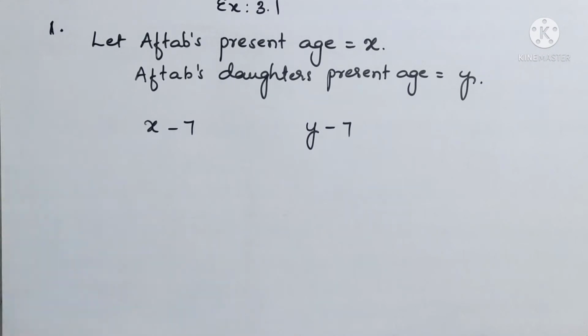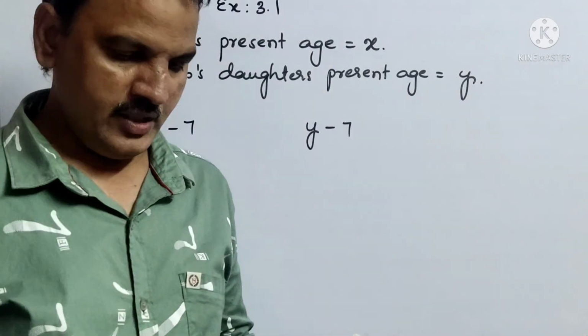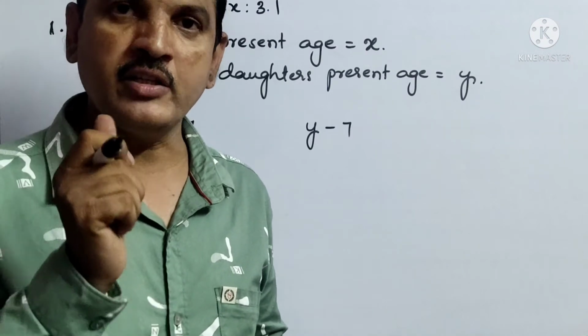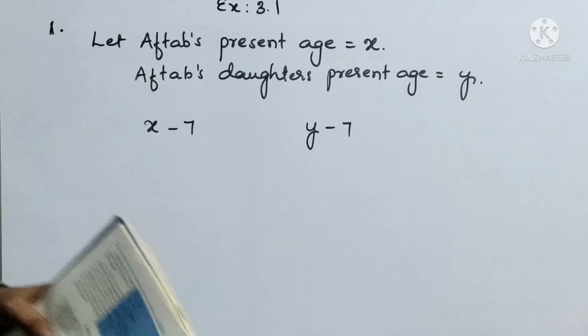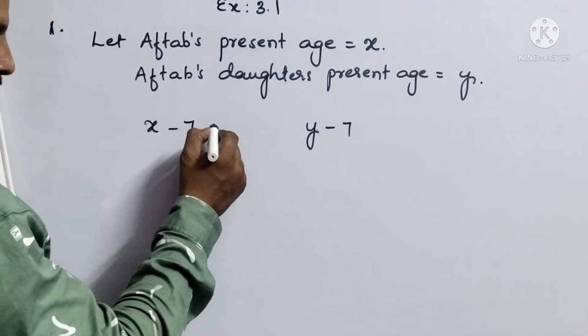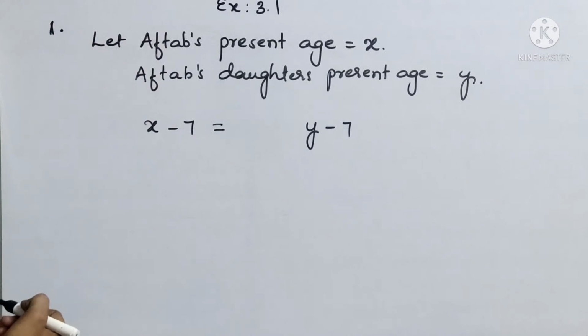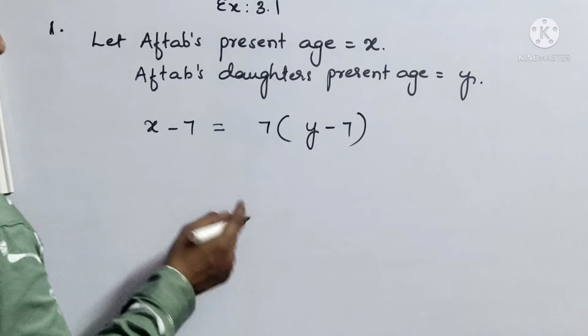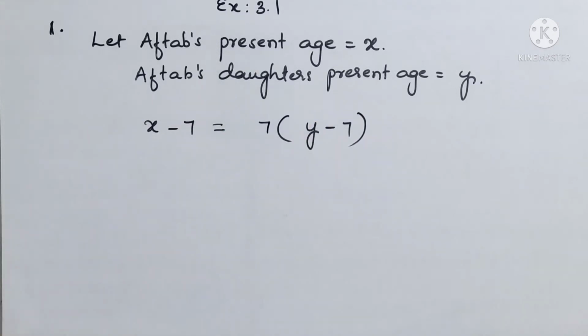Now according to the question, how do we frame the equation? 7 years ago, Aftab's age x minus 7 equals 7 times his daughter's age, that is 7 into y minus 7.